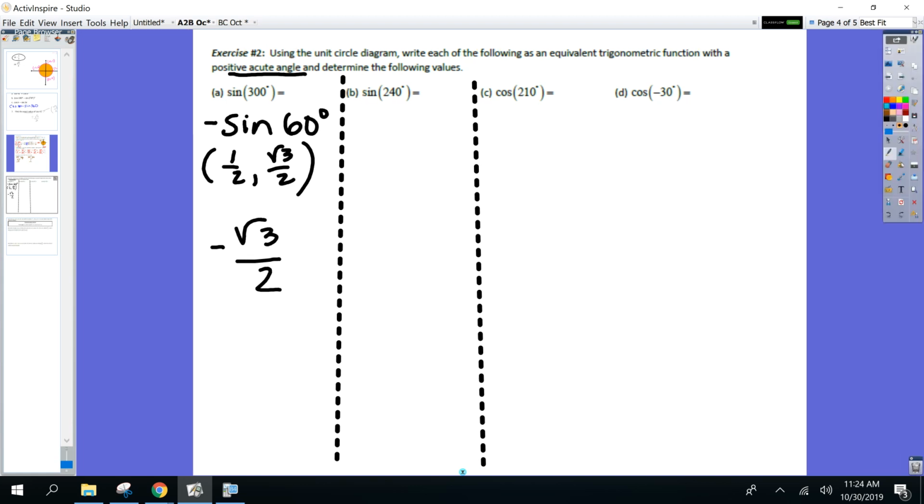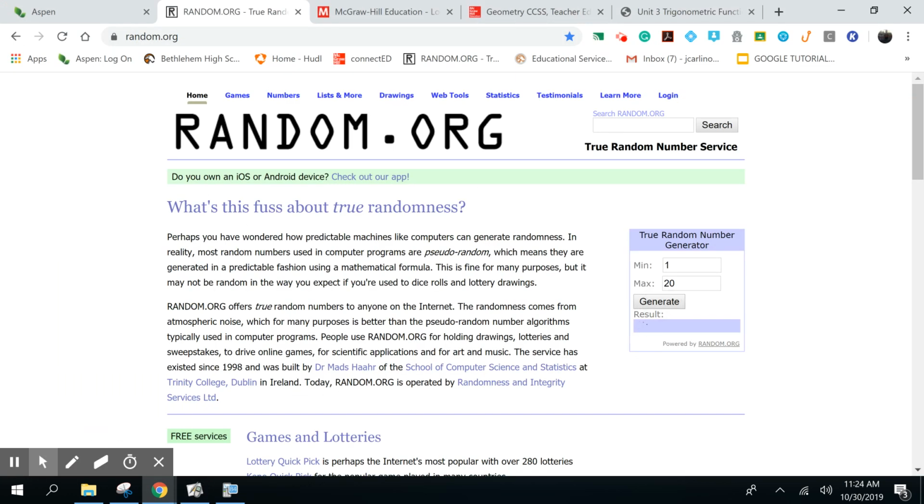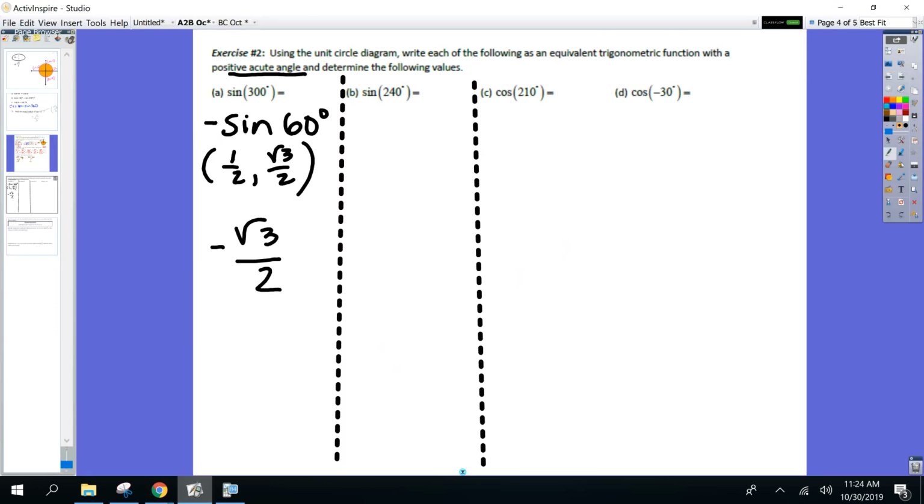All right, now I'm going to start asking you guys. Sine of 240. What quadrant am I in? Third. I'm doing sine. What do I know about sine in the third? I need an acute angle now.